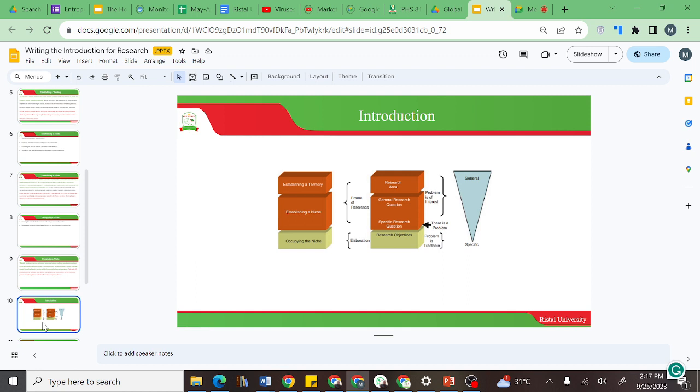Okay, what this basically means is that you start with the main research area, which can be immunization, which can be pollution. You state the general information about that. Say immunization is a public health intervention that is aimed at making sure that people don't get some communicable diseases.